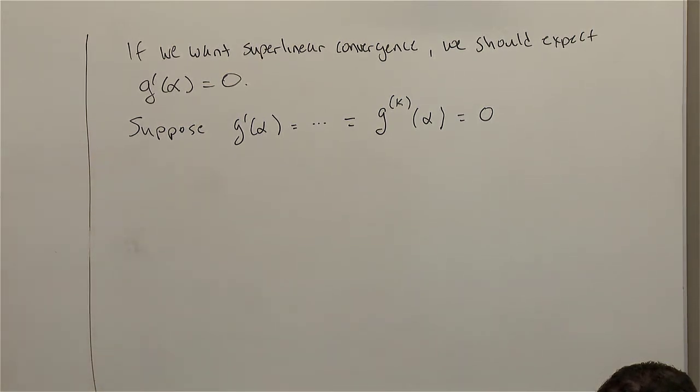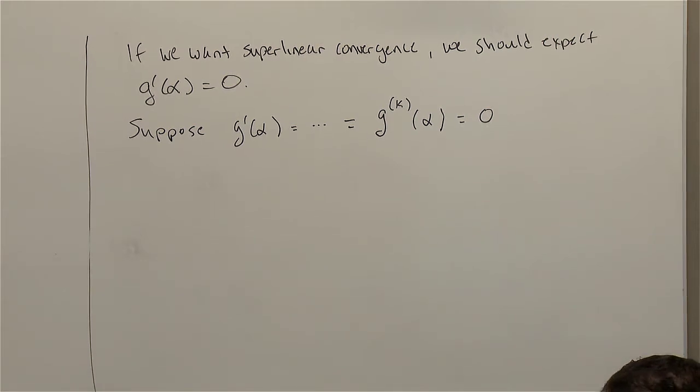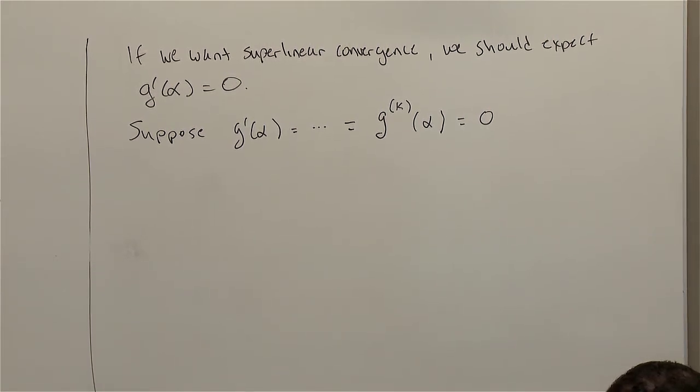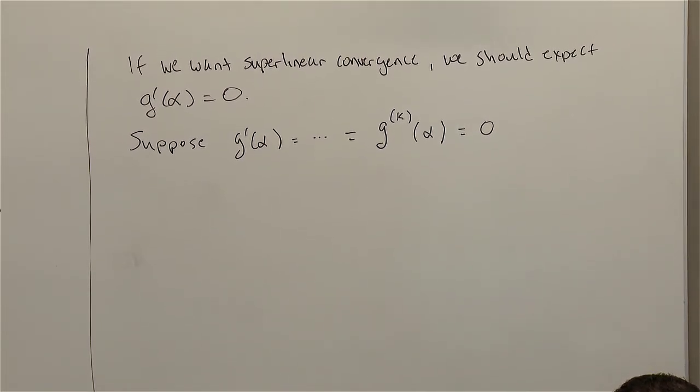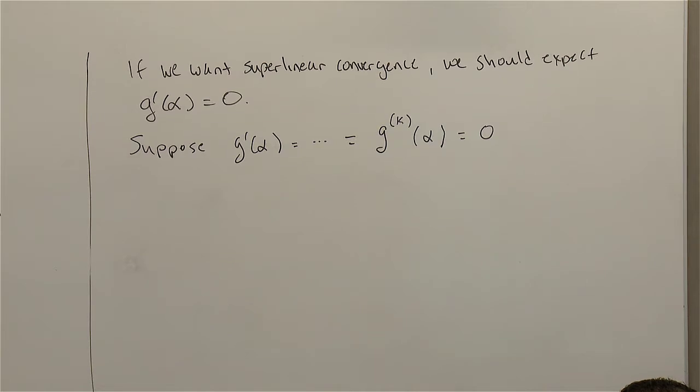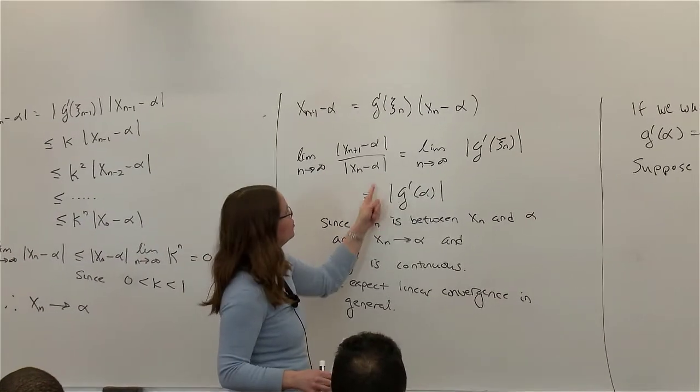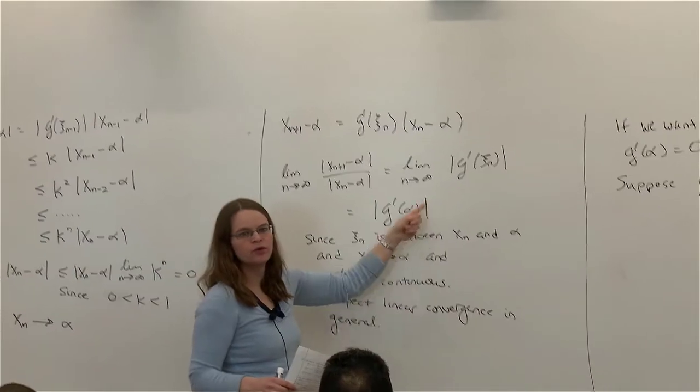To look at these higher derivatives, obviously they need to exist at this particular point. It's not going to surprise you that we need to assume a little bit more than that, something about continuous derivatives. What happened here was that the first non-zero derivative told me my order of convergence.